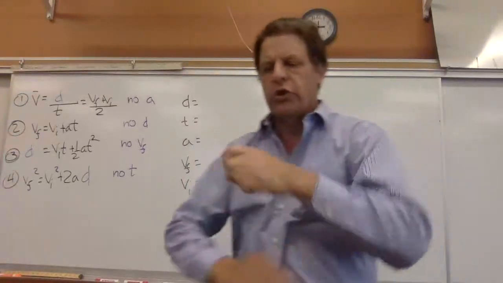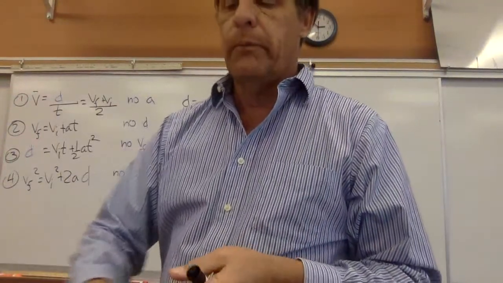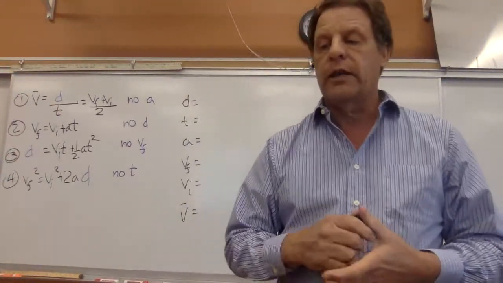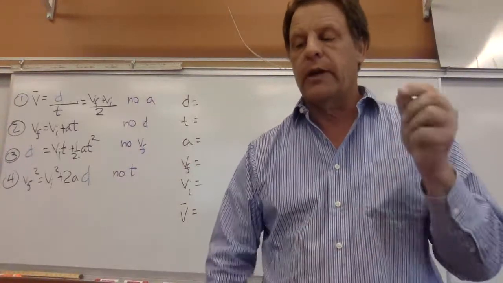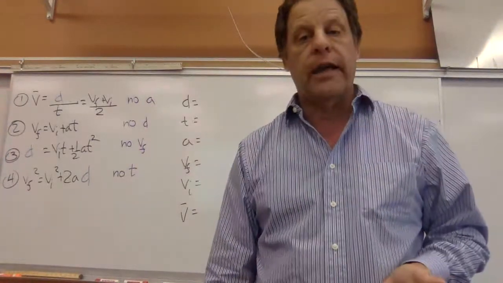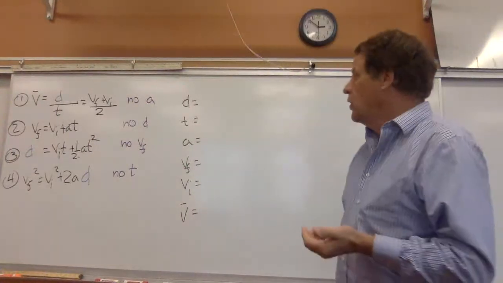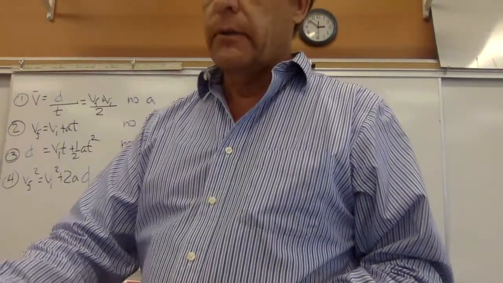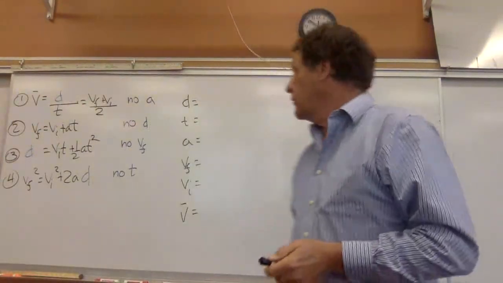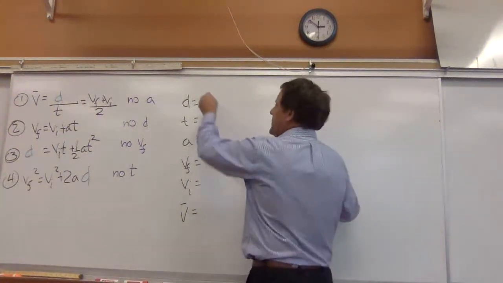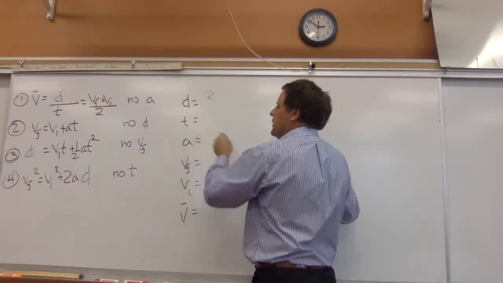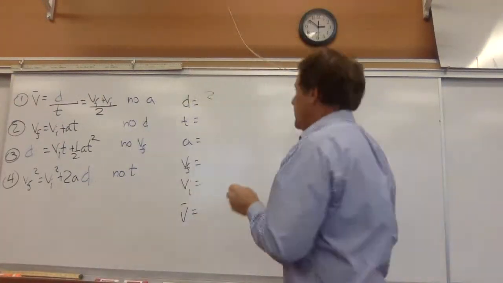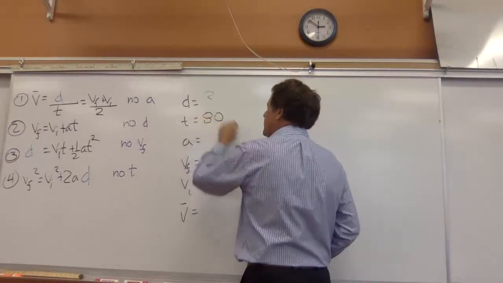Okay, so now if you turn your attention to number 1, it says a woman starting at 2 meters per second increases her velocity to 4 meters per second in 8 seconds, and we want to calculate the average velocity. Now we want to identify all these things. We don't know the distance, and we do know the time is 8 seconds.